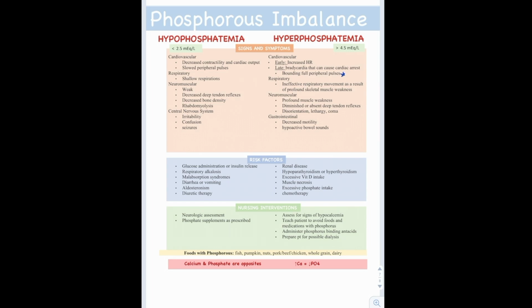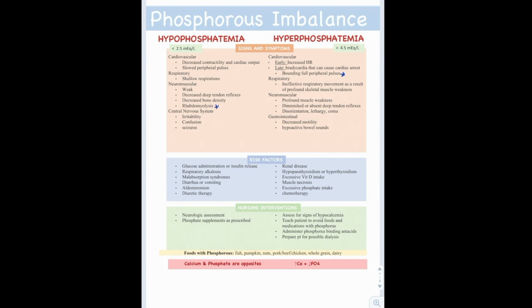With respiratory hypophosphatemia and hyperphosphatemia, both have shallow respirations and ineffective respirations, so not much different there. When it comes neuromuscularly, again, we're not seeing huge differences.